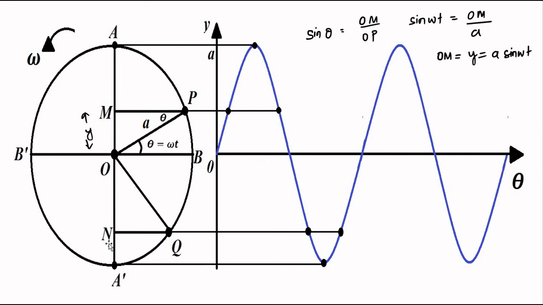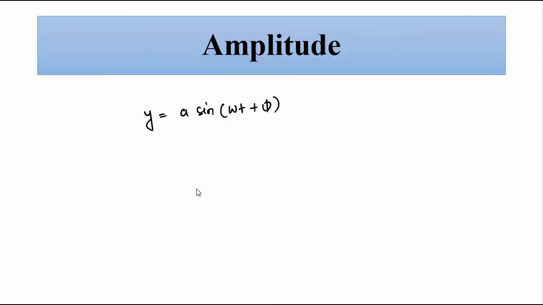That maximum amplitude is equal to the radius of the circle, which is equal to A. So in any kind of SHM, amplitude is the maximum distance between the equilibrium position, the mean position, and the instantaneous position of the particle. In this case it is A, y = A.